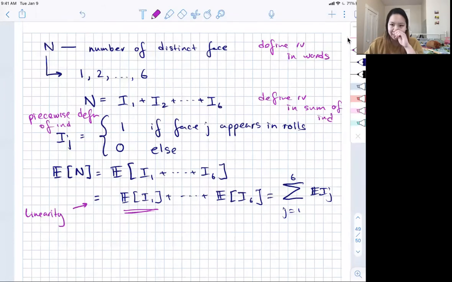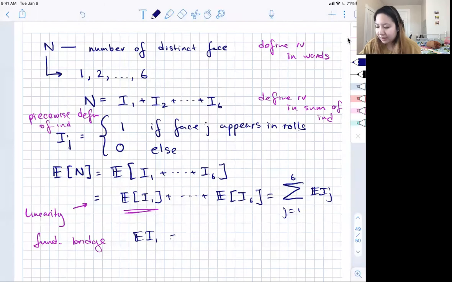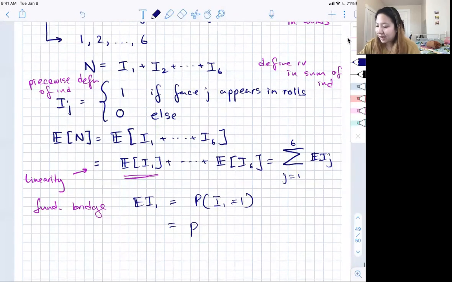And now I want to compute the expectation of each indicator random variable, so I'm going to use the fundamental bridge. So for example, the expectation of I1 is going to be the probability that I1 is equal to 1, and also equal to the probability that face j appears in the rolls.